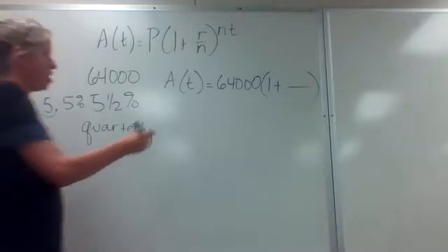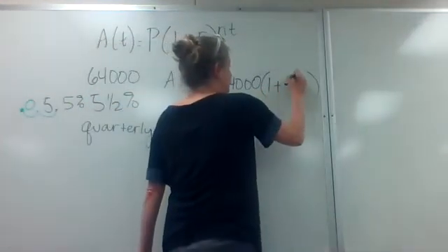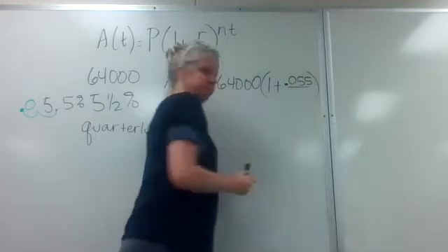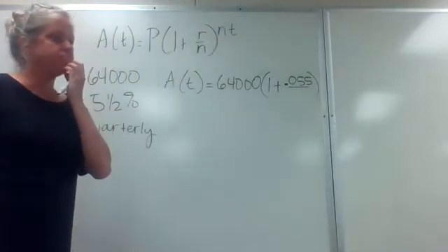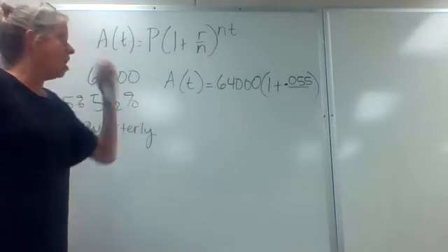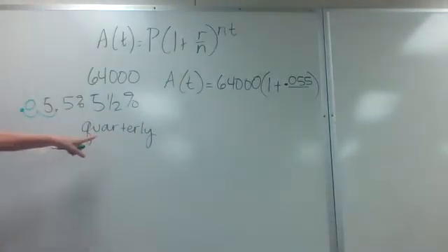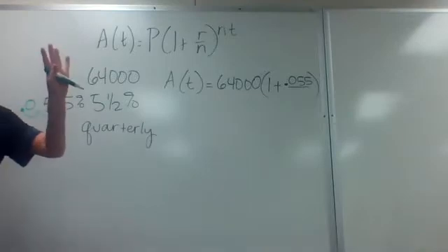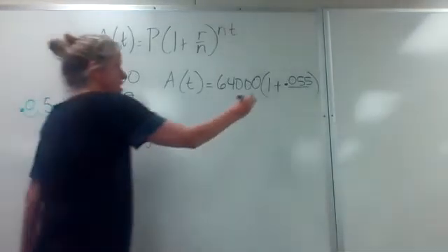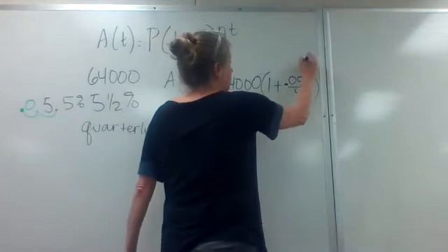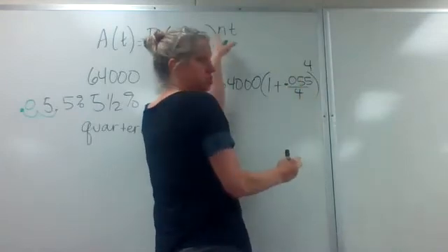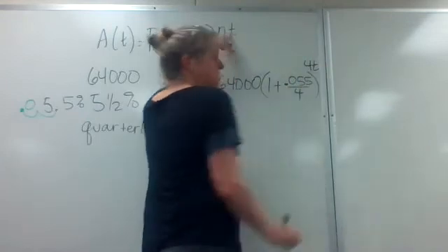So now I have 0.055 over the N, the number of times it's compounded a year. Quarterly means it's compounded 4 times a year. So I'm going to have 4 in both of those spots and then T.